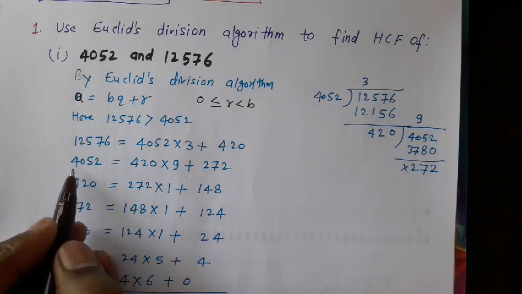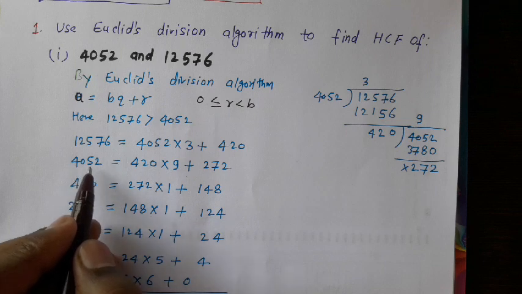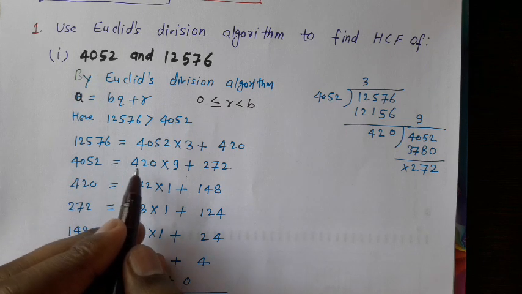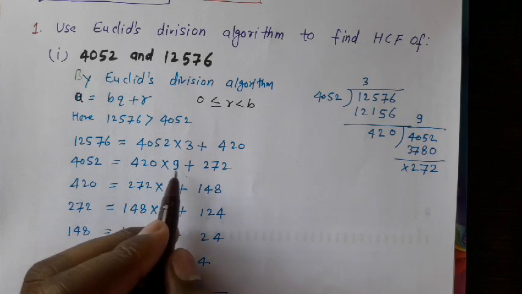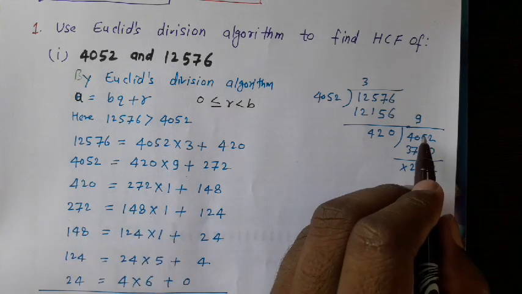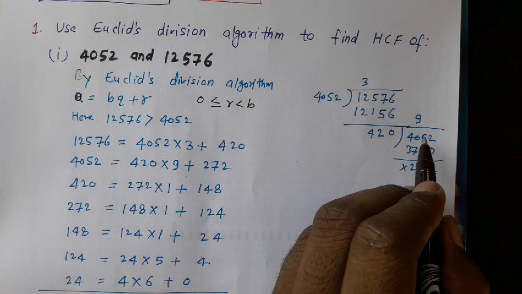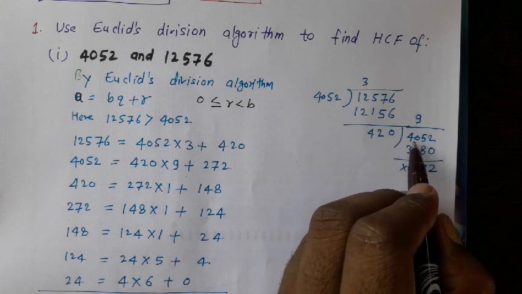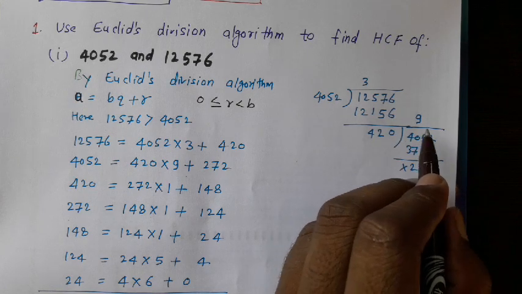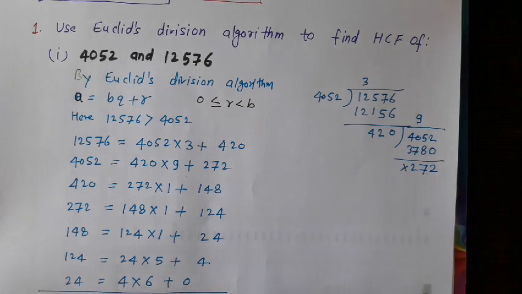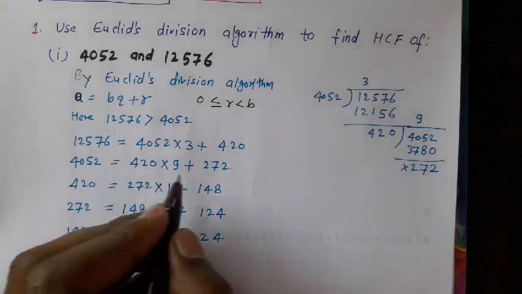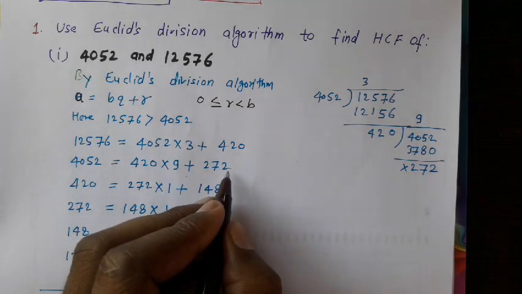Again, 4052 equals 420 times the quotient. If you cannot write it directly, then you can divide and write. When you divide 4052 by 420, the quotient will be 9 and the remainder will be 272. So quotient 9 plus 272.